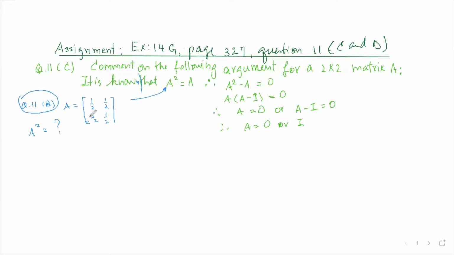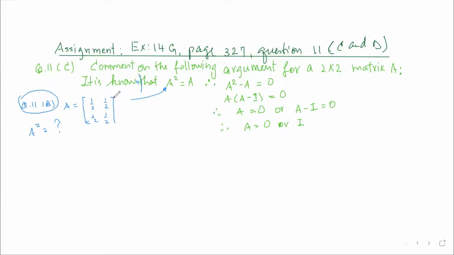So this has to be proved from 11B, because it's not necessarily true every time that A squared equals A. But in this case, because each element is 1 over 2, when you try this one, they're really equal.